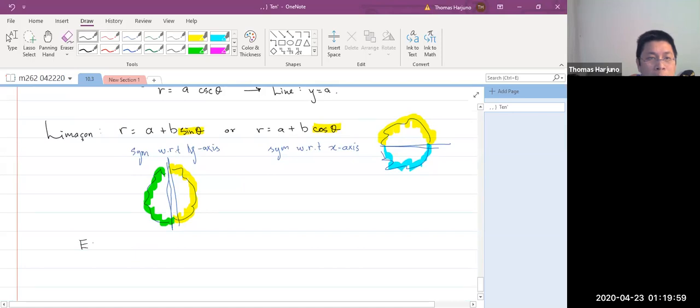Suppose, for example, I have the following question: r equals 2 plus 3 cosine theta.